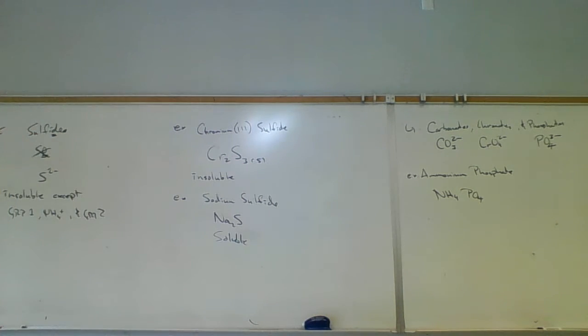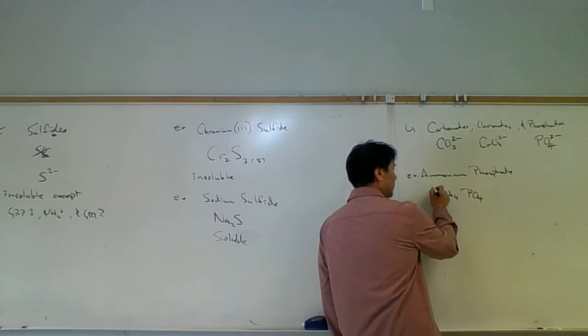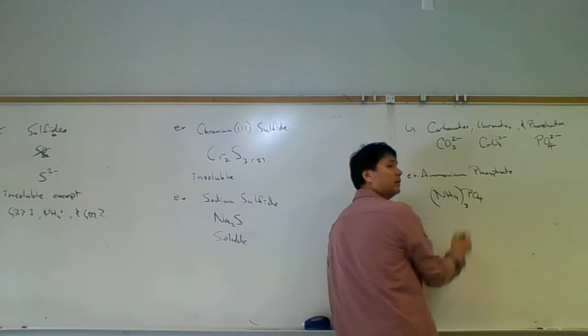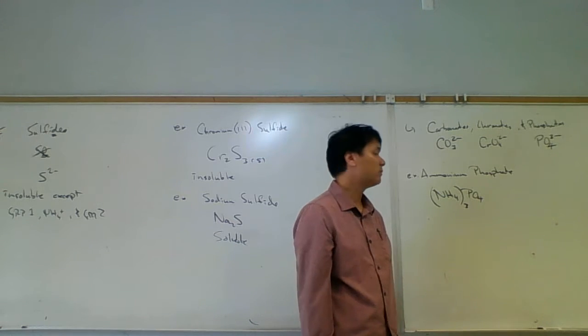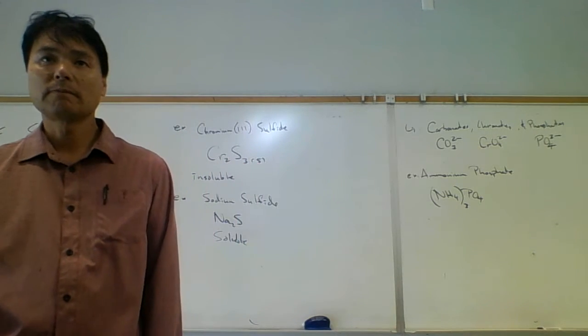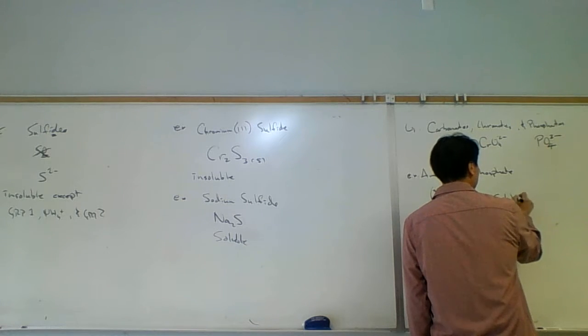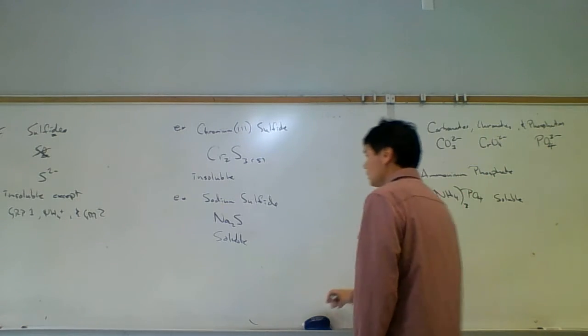Do the charges balance there? No, they don't. How can we get the charges balanced? NH4 has a plus 1 charge. Phosphate's 3 minus. And so how do we fix this? We need 3 of the ammoniums to balance out the charge on the phosphate. So this would be (NH4)3PO4, ammonium phosphate. Is it soluble or insoluble? It's soluble. But all ammonium salts are soluble, so we wouldn't have gotten this far. We would have stopped at step A for this particular one.